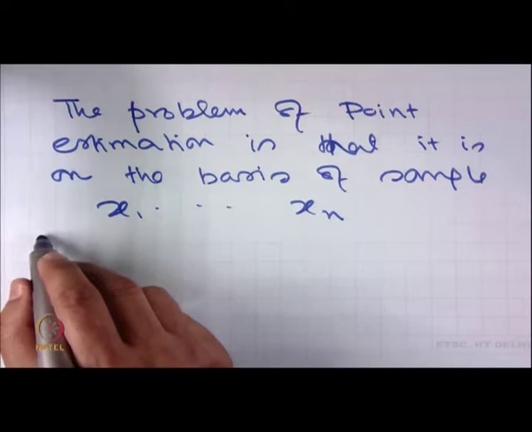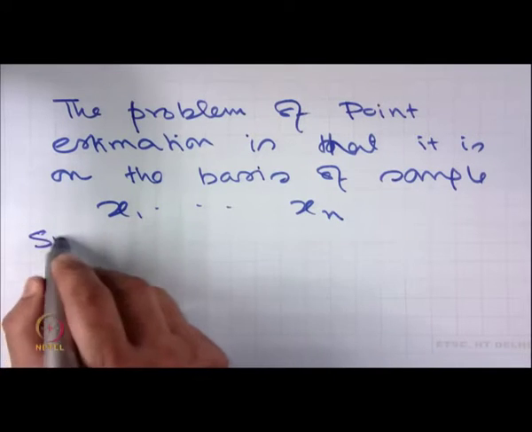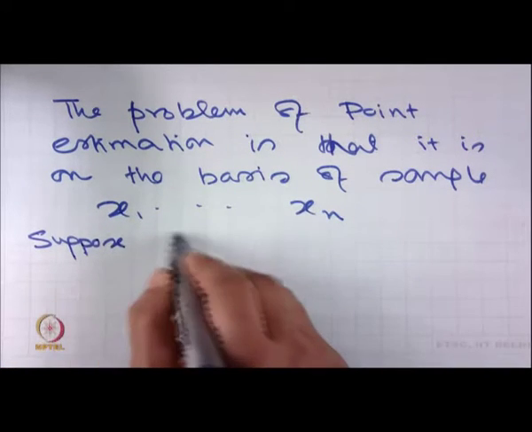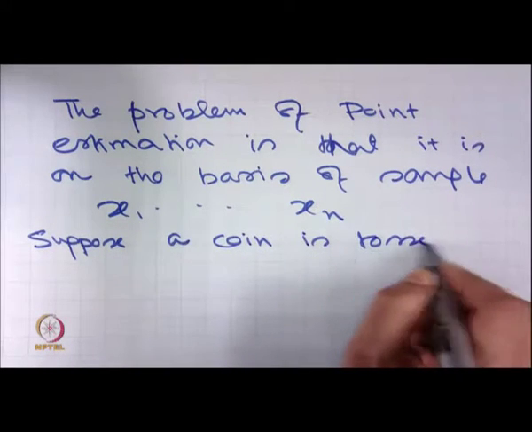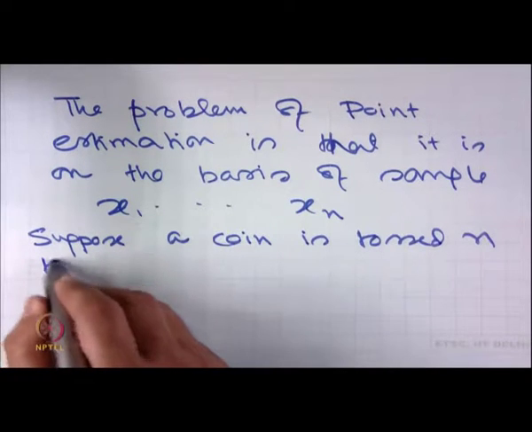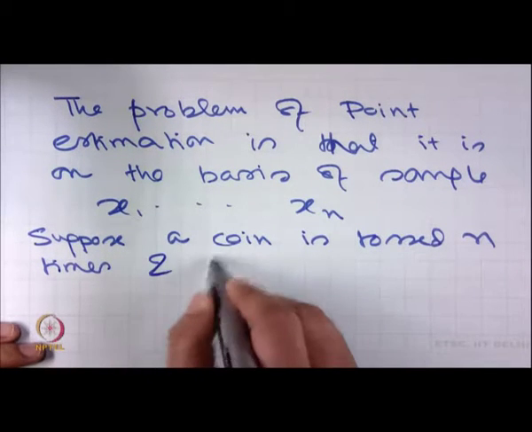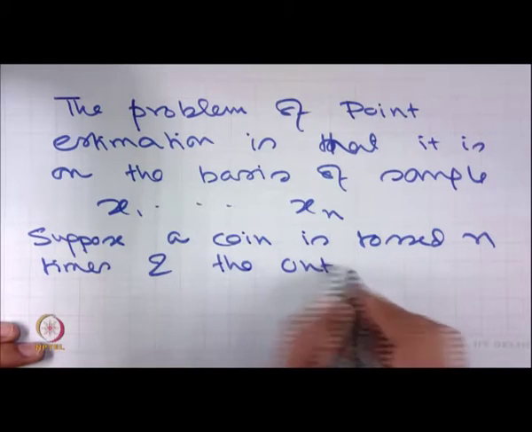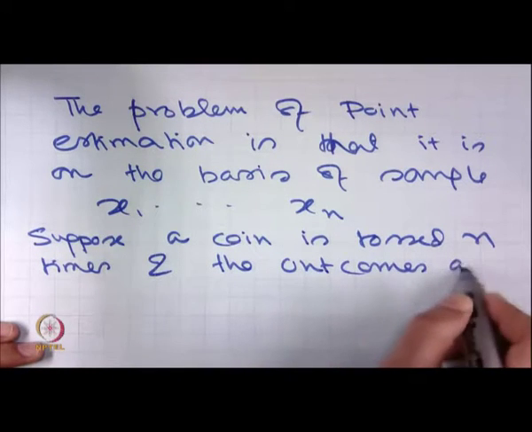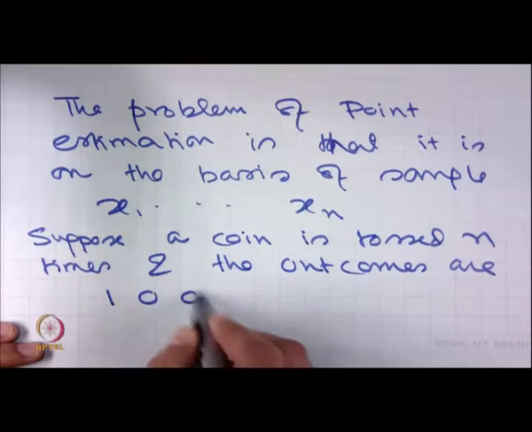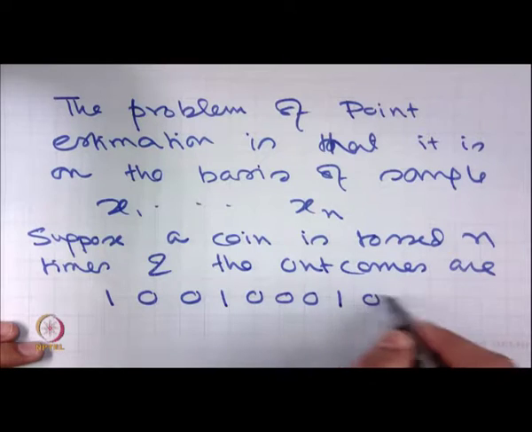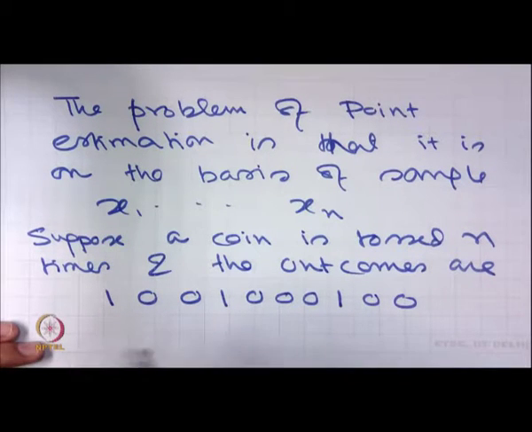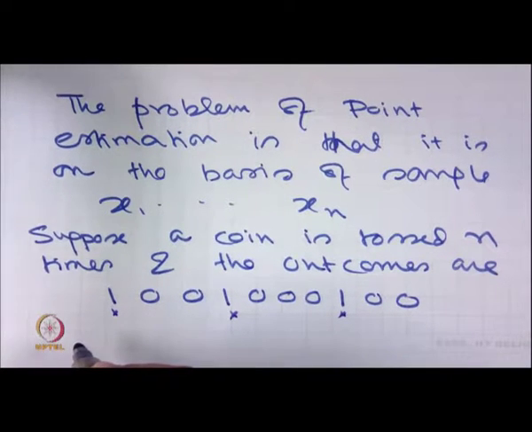As I have already shown you an example, suppose a coin is tossed n times and the outcomes are say 1 0 0 1 0 0 0 1 0 0. That is, there are 3 heads and remaining tails.